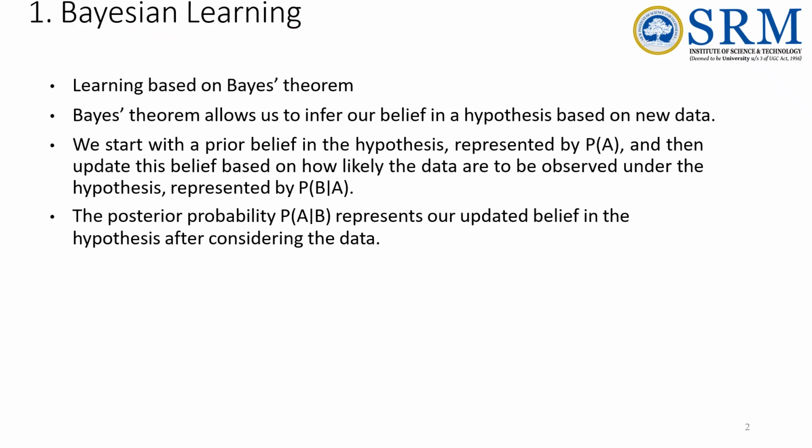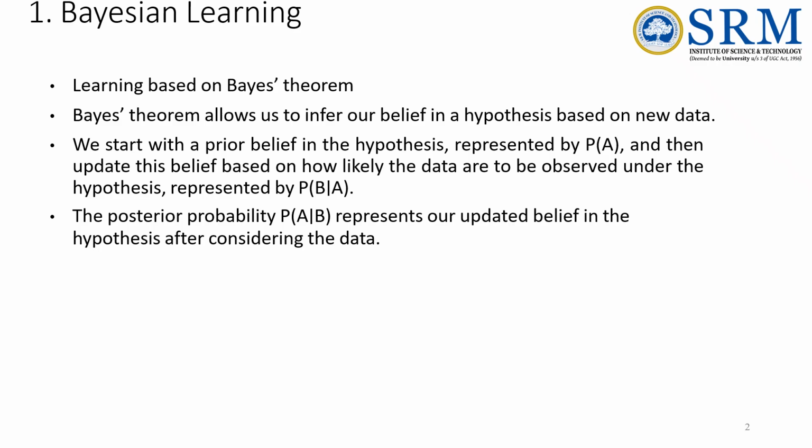Bayesian learning is a statistical learning method in artificial intelligence that uses probability to make predictions and decisions. It is based on Bayes' theorem, a mathematical function used to update the probability of a hypothesis when new evidence becomes available.